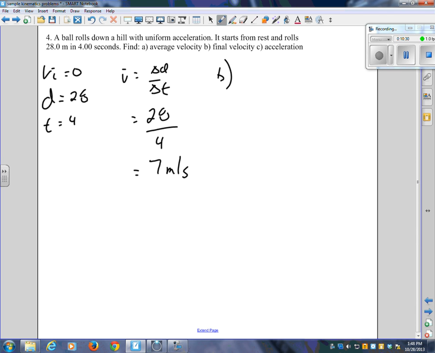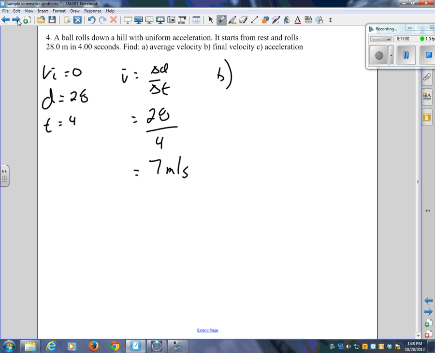Final velocity. Is the final velocity 7? Joey's shaking his head vigorously. Why not, Joey? That is the average. Ah, very good. The average is the one in the middle. Now, times it by what? Yeah, you're right. Times it by 2. But that only works when the initial is 0.